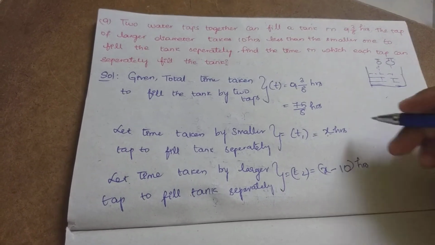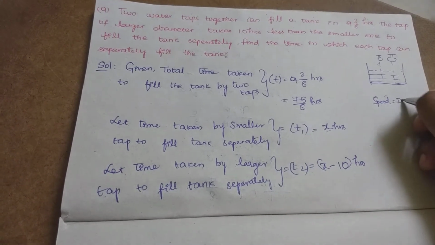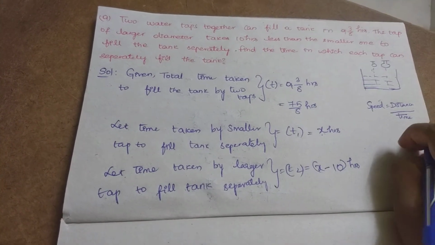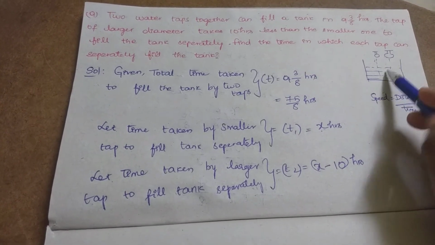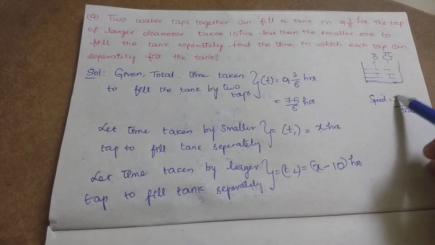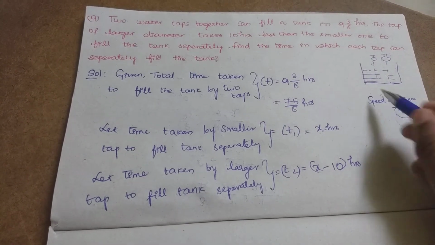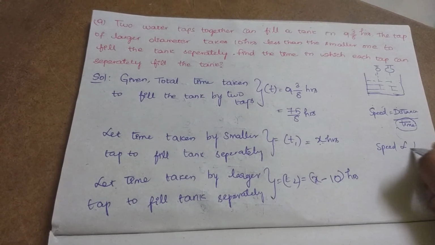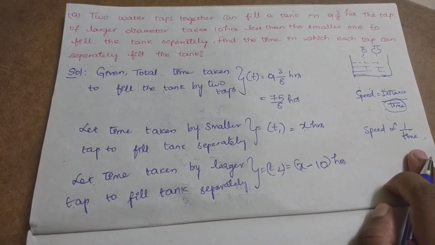Distance and time, so we can frame a formula: speed equals distance by time. Distance is constant, which means for the larger tap and the smaller tap the distance remains the same, but the time keeps changing. Assuming that the speed is constant, we can frame a relationship that speed is inversely proportional to time.